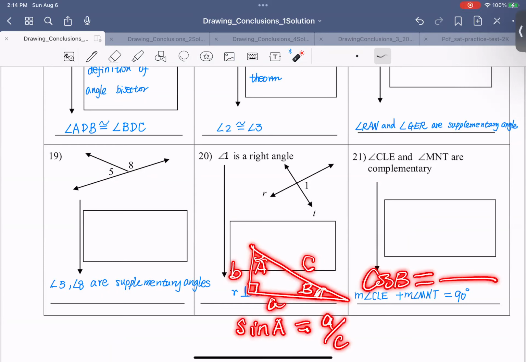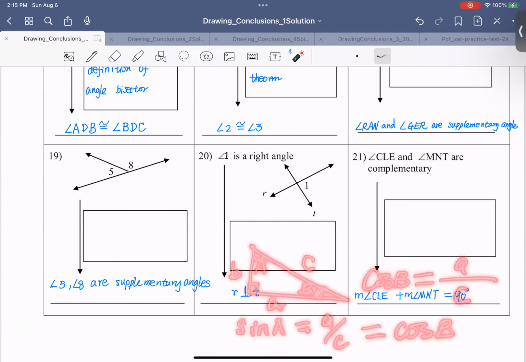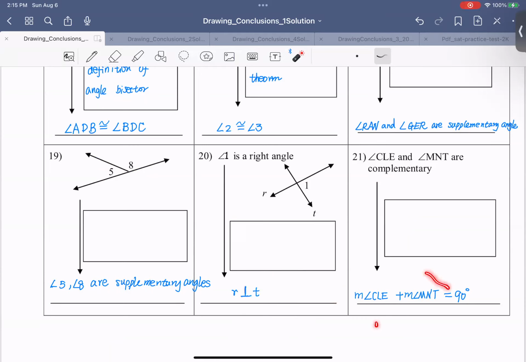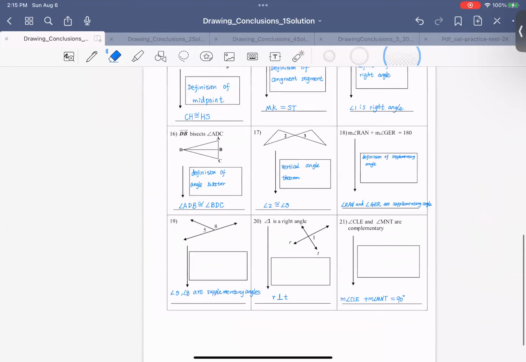This guy adjacent is A, right? Yes. So you will say, oh, sine A equals cosine B. Okay? When you see the two angle summation equals 90 degree, you immediately say, oh, this guy's sine equals the other guy's cosine. Okay? All right.